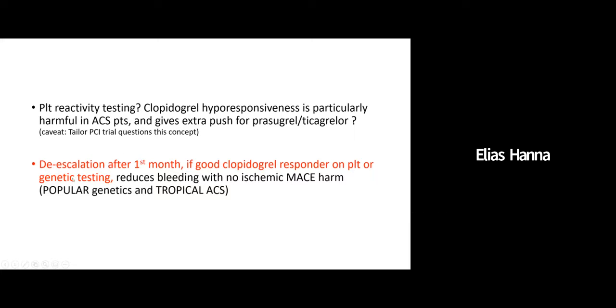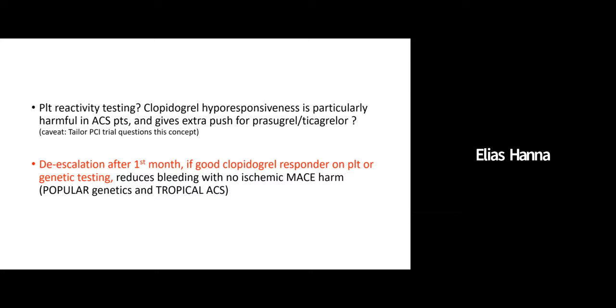I think what has been proven in a randomized fashion is that if you start somebody on Ticagrelor or prasugrel and you want to de-escalate at 1 month, you can choose to de-escalate to Plavix at 1 month systematically, as I mentioned here. But what is maybe better, and what has been proven in 2 trials, is that platelet reactivity testing is most useful to de-escalate. It's not very useful, it seems, to decide about escalating, but it helps you be more comfortable de-escalating from the potent one to Clopidogrel at 1 month.